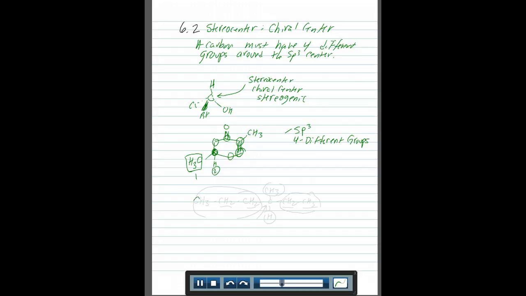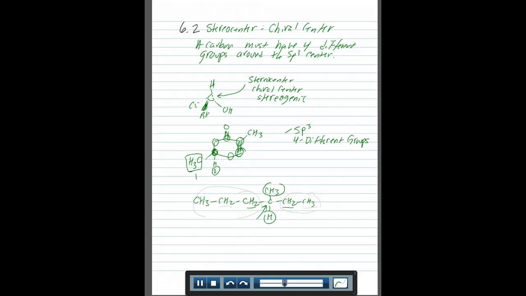Let's do another one. All right, the chiral carbon in this case is that carbon right there. I have a methyl group, a hydrogen, and a CH2, CH2.